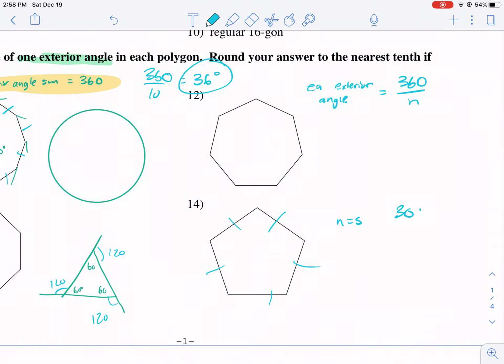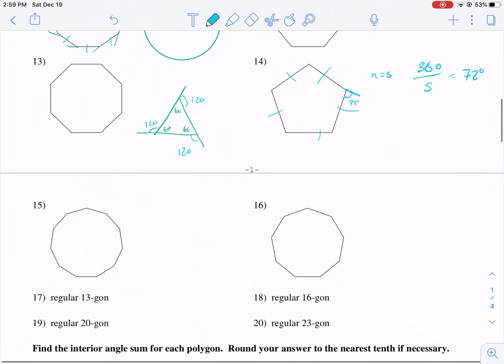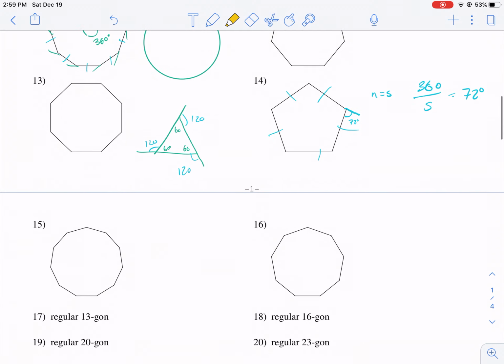We do 360 divided by 5, which is 72. So 72 degrees for each exterior angle, because we have to extend the side. The same thing is applied to all these. You're going to be using this formula on the right for all these problems in this section.